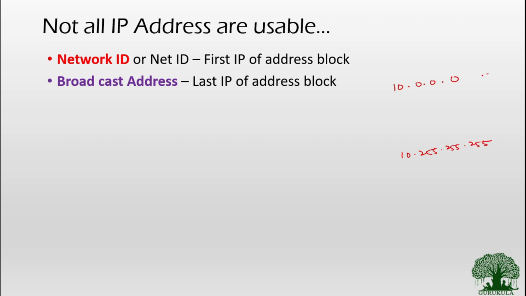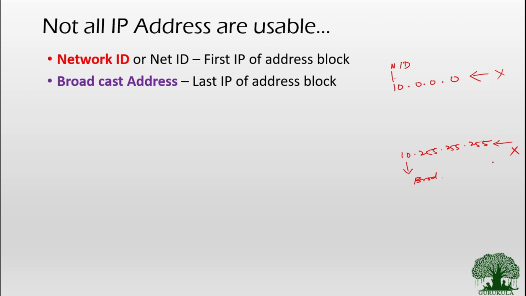So this is the very first IP address which cannot be used for assigning to any host, and this is the last IP address which also cannot be used for assigning to any host, which means the very first address represents the network ID, and the last address represents the broadcast ID. So these two addresses cannot be used.